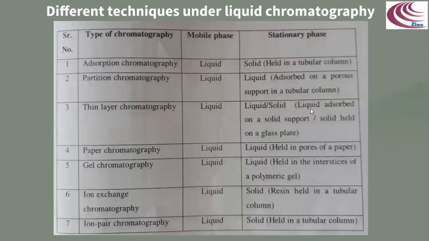Hence, this type of chromatography is called column chromatography. Whereas in thin layer and paper chromatography, the stationary phase is present in one plane, either a glass plate or a paper. And this kind of chromatographic technique is termed planar chromatography.